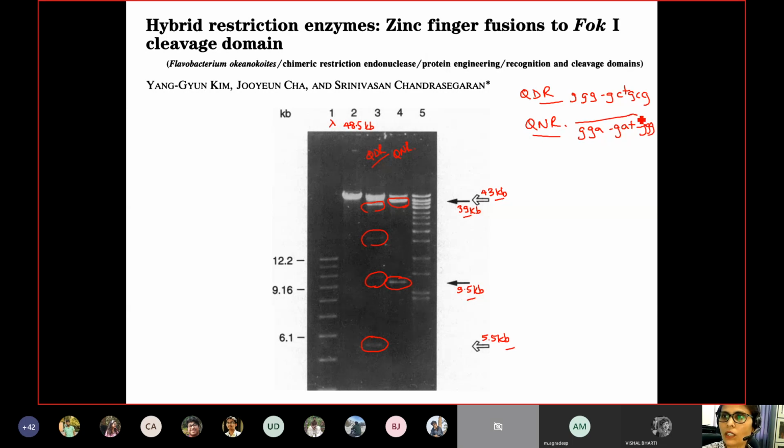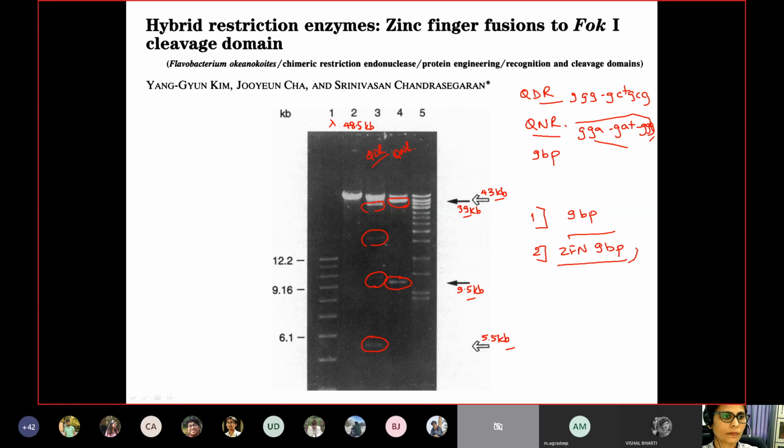So these were the specific sequences of 9 base pair. Imagine, in the first chimeric they were able to target specifically 9 base pair, and here also they are able to target 9 base pair with zinc finger nucleases. So this was unique, and they were able to show that their zinc finger nucleases cut the DNA at a specific recognition site.